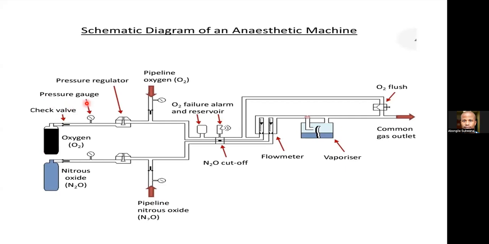It will then be divided by the flow control valves from the low pressure system. The low pressure system, we said, is the common gas outlet, vaporizers, the flow meters. Some people will call this the intermediate system, like Dr. Fuchane has mentioned.